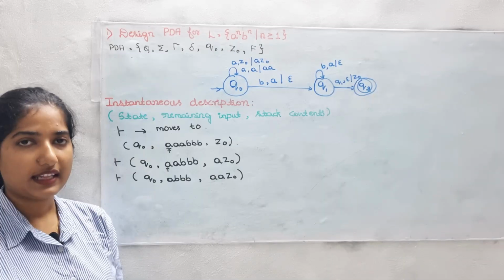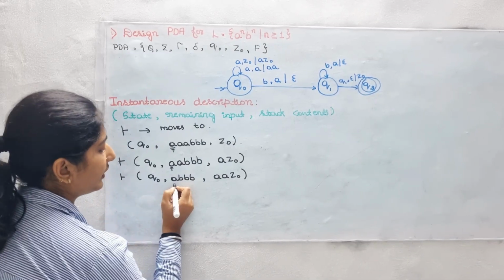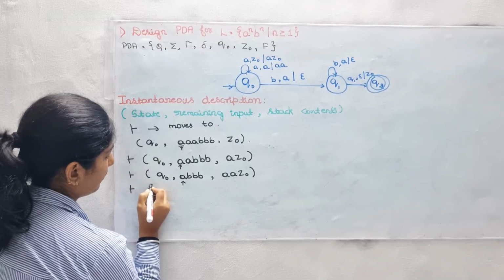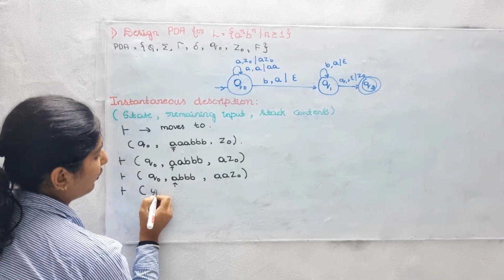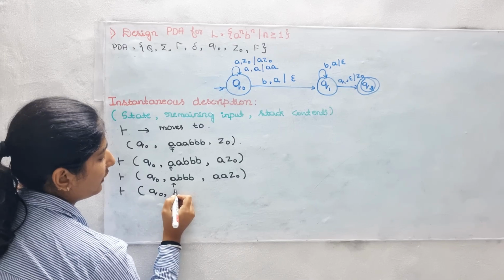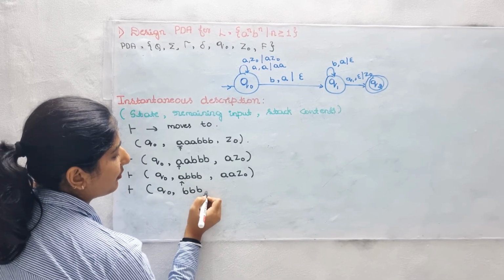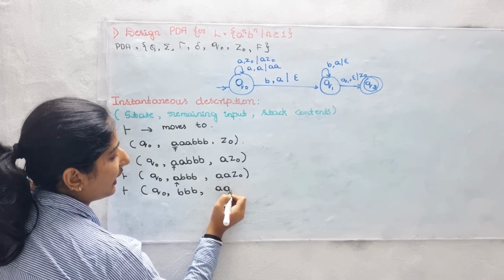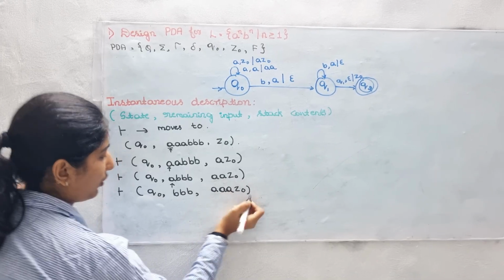Next, the pointer moves to this A. On reading A, we stay in the same state, remaining input B B, and the stack is A A Z naught.